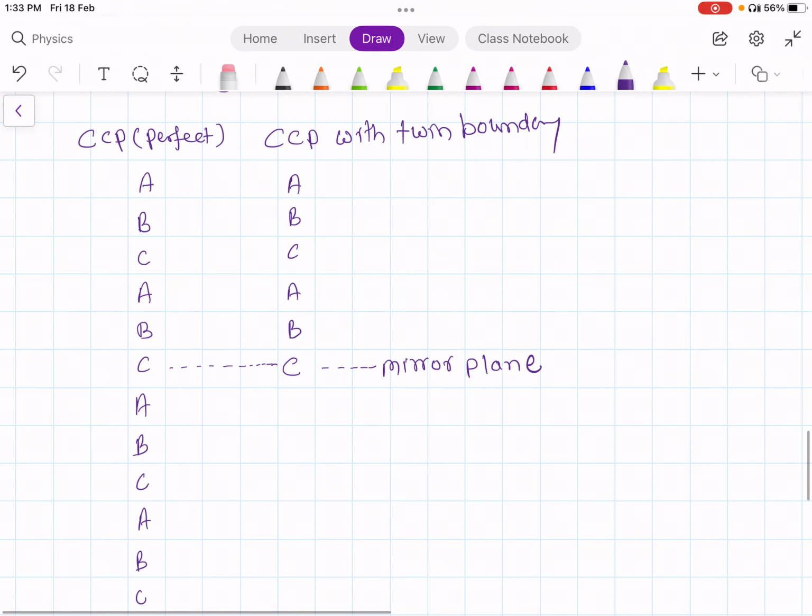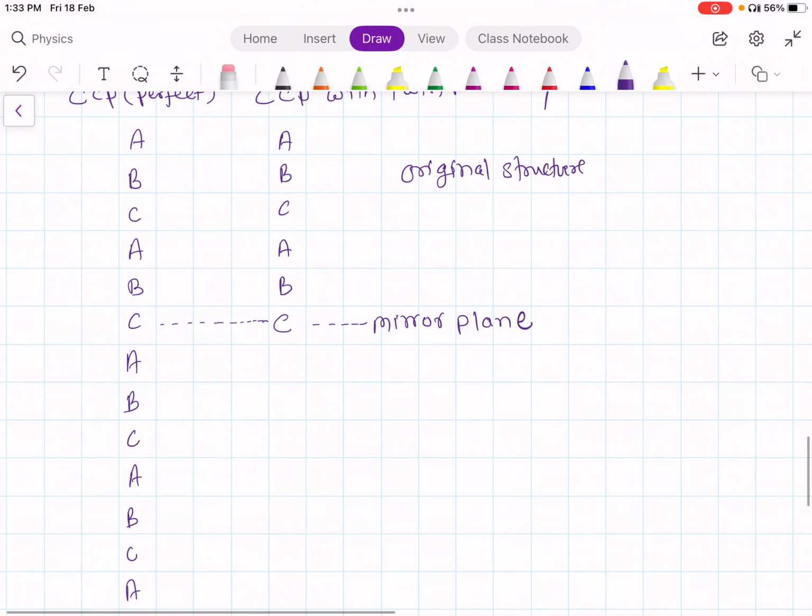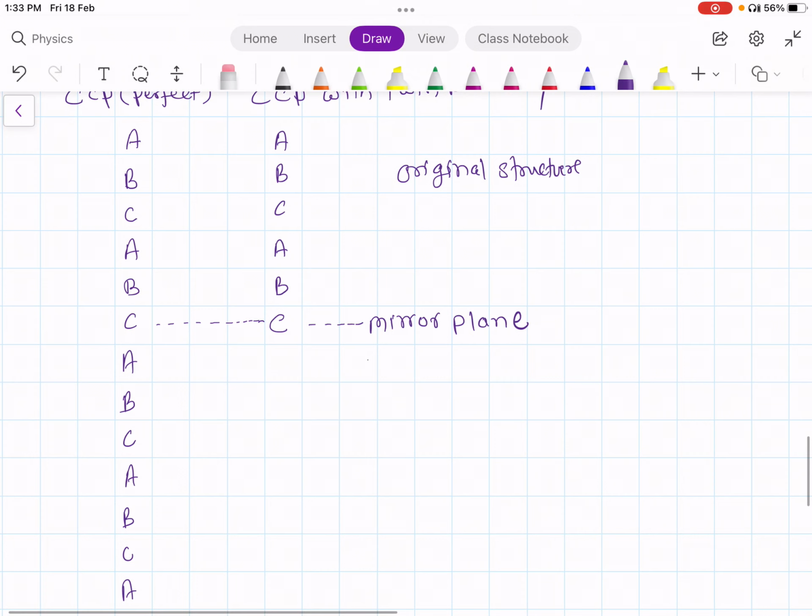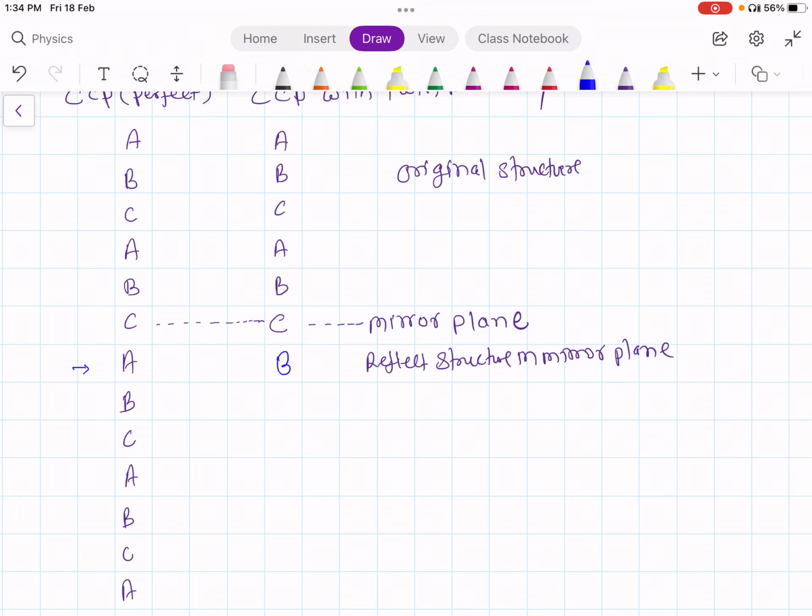Let's say that this is my original structure. And I will reflect this original structure in this mirror plane. Reflect the structure in the mirror plane. So here, instead of A, I will get B at this point.